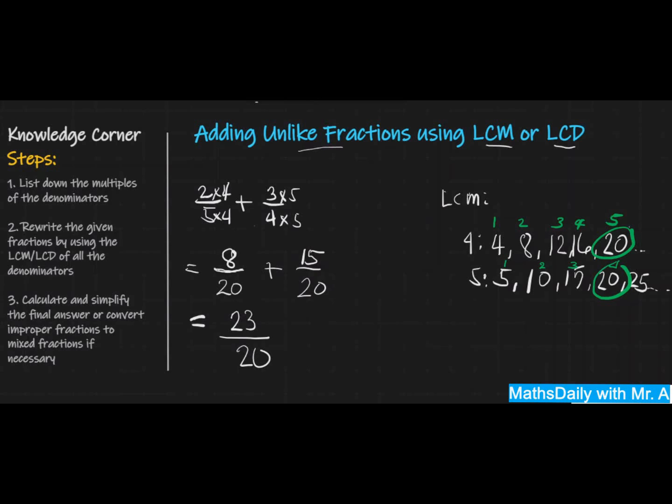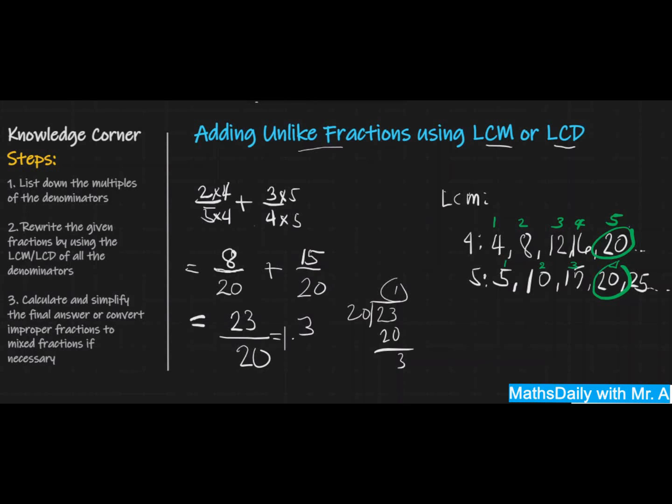And after that, let's simplify. 23 over 20. So let's divide 23 by 20. 23, remainder 3. So the quotient becomes the whole number. This is equal to 1 and 3.